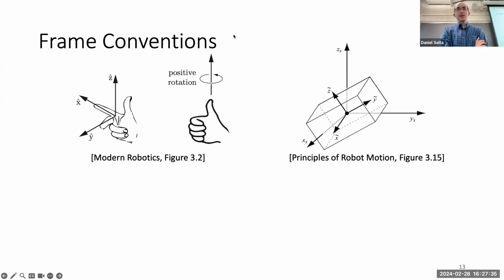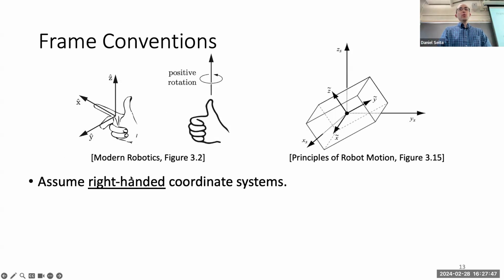All right, so let's talk about some frame conventions. These are figures from the two main readings that we have for this course. We're assuming a right-handed coordinate system. I think that's because most people are right-handed, I'm not totally sure why. But what does a right-handed coordinate system mean?